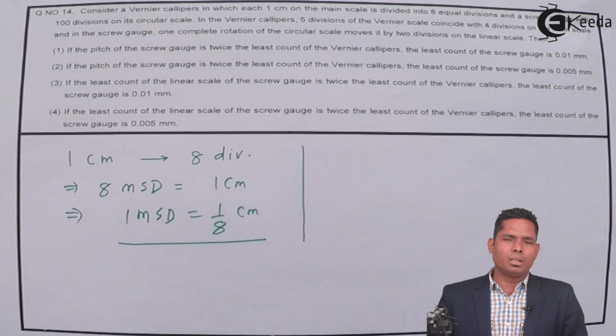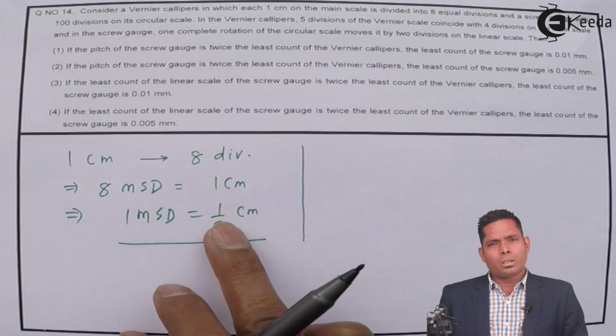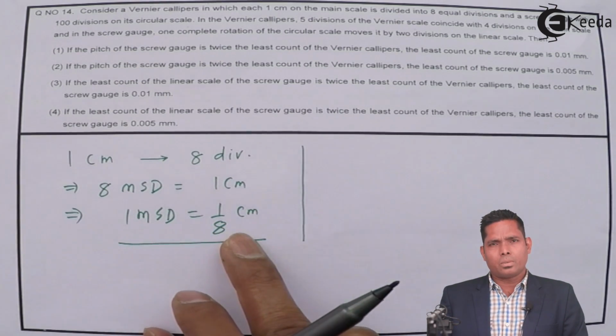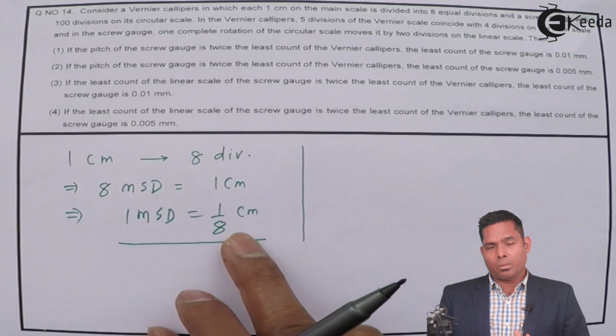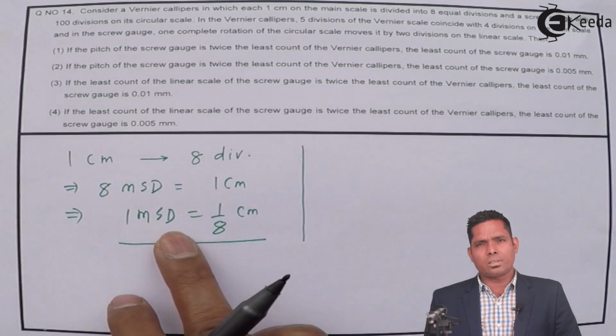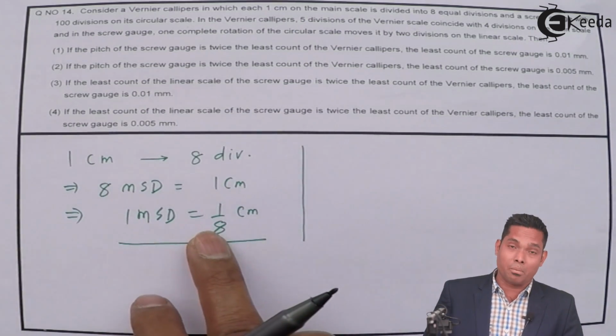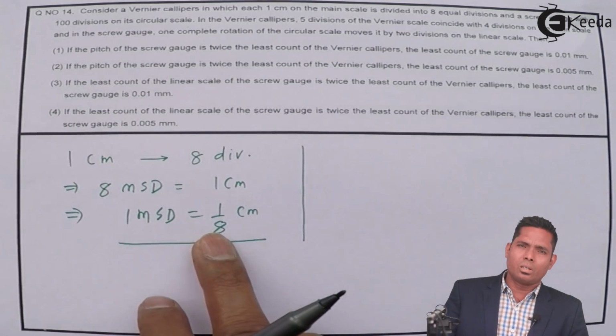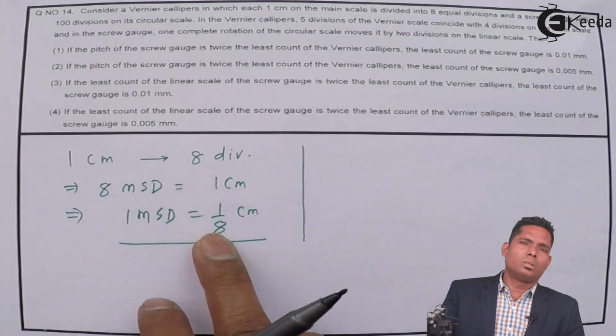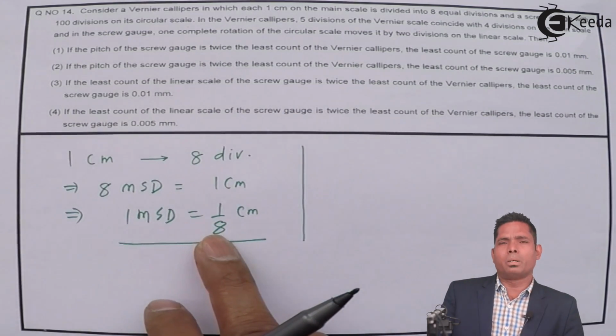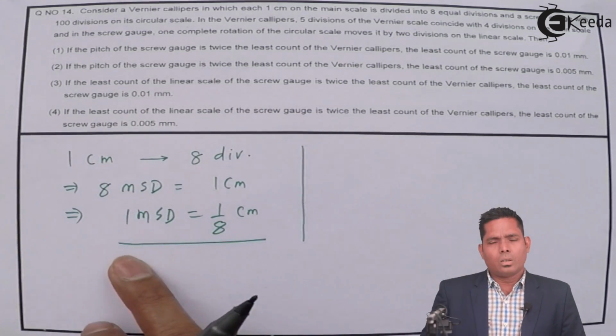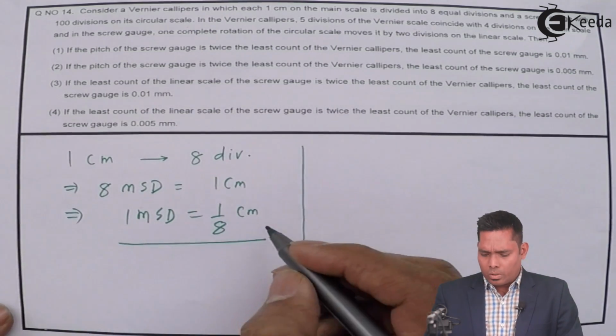Here it is 10 by 8 mm. Because the number of divisions has decreased, the length will increase. 1 main scale division will be more than 1 mm. 10 by 8 is 5 by 4, so 1 point some number. So this is the case.